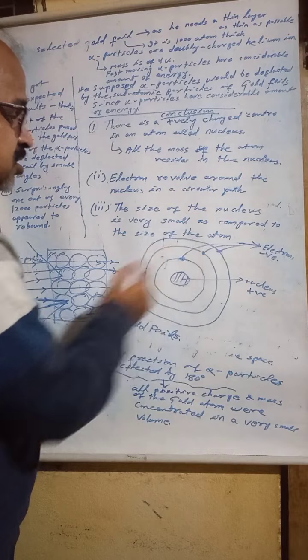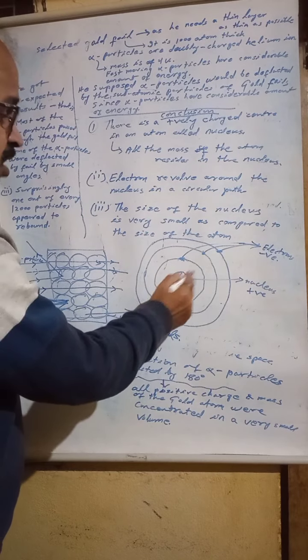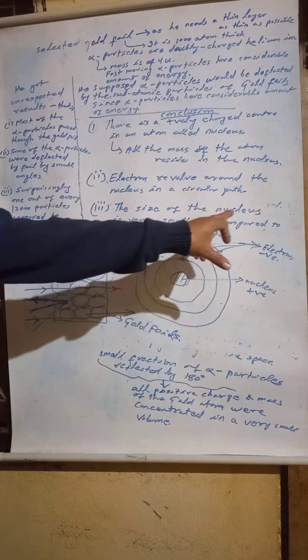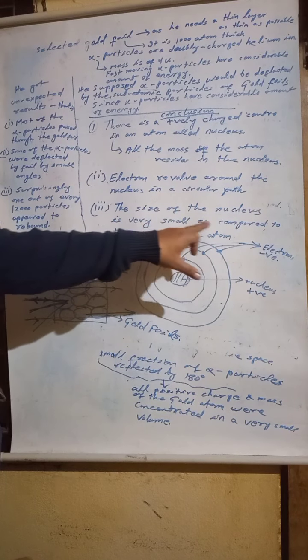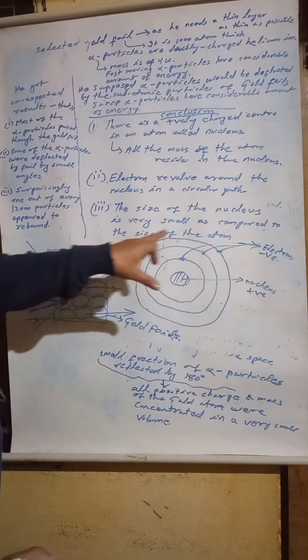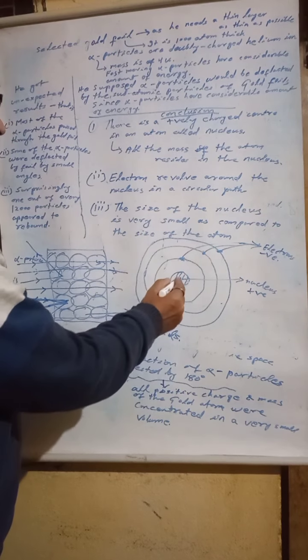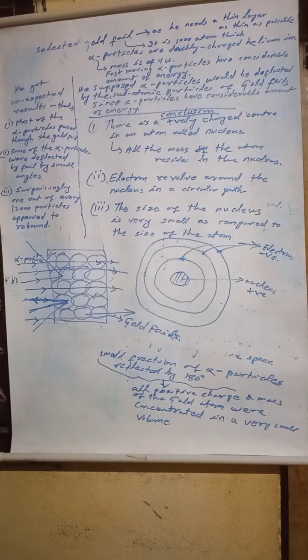Electrons revolve around the nucleus in a circular path. The size of the nucleus is very small compared to the size of the atom. This is the size of the atom.